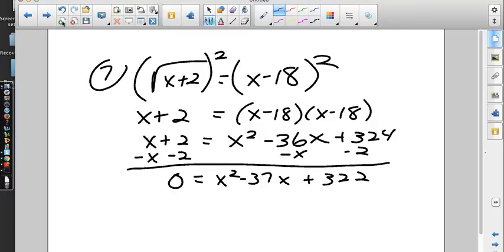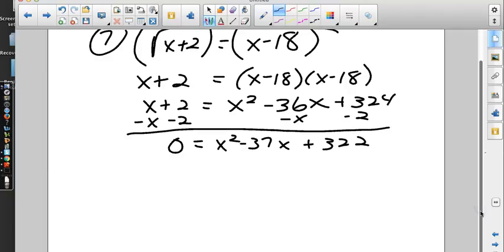We have a quadratic. We find the solutions. The opposite of FOIL. Factor. We're going to factor. We need to see how does this break down.